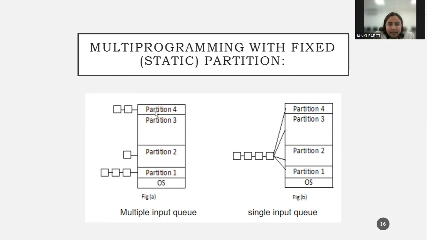Since it is multiprogramming, many processes are running simultaneously, so we need to put processes in a queue for partition 1 for this memory size requirement, right? There are some queues for this partition size. So here multiple input queues are there. In figure B, we can see that a single input queue is there.